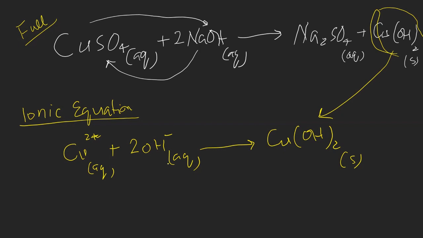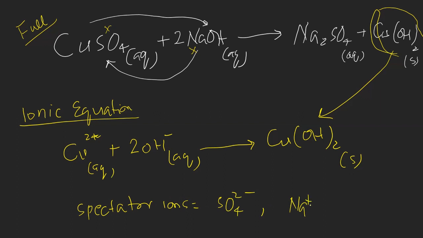Now, the ions which you did not write in the ionic equation, for example, you did not write sulfate, you did not write sodium, all right? Those ions which are not part of the ionic equation are called spectator ions. So spectator ions for this reaction are sulfate and sodium.